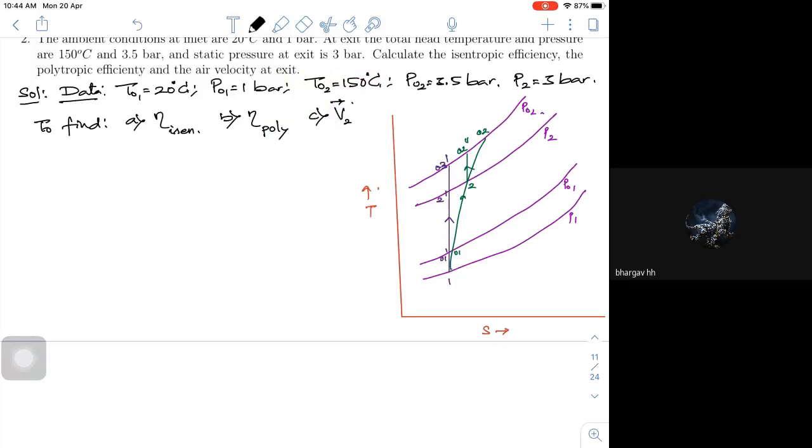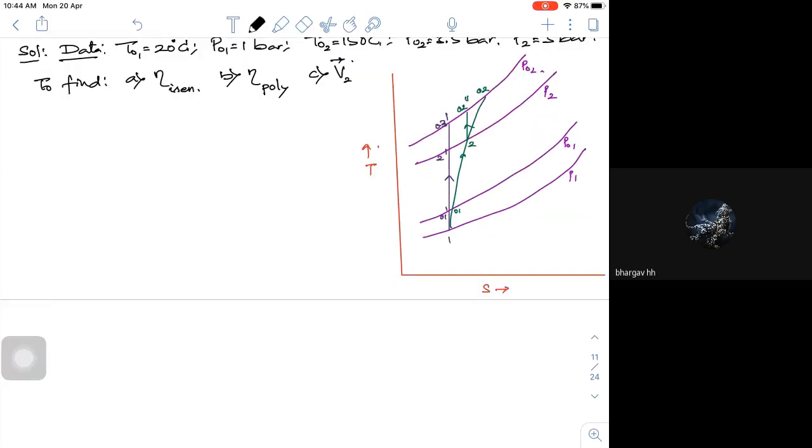Now, from the isentropic compression, we know that T02 dash by T01 is equal to (T02 by T01) whole to the power of gamma by gamma, as per your isentropic compression.